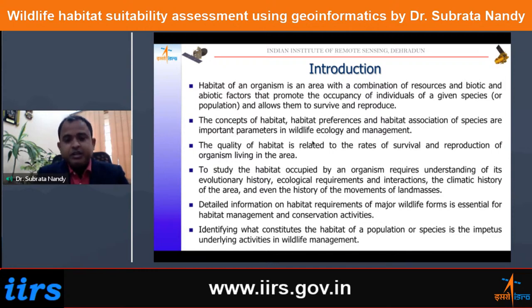Hence, detailed information on habitat requirement of major wildlife forms is very much essential for habitat management as well as conservation activities. So identifying what exactly constitutes a habitat of a species or a population is the main focus from a wildlife management perspective.